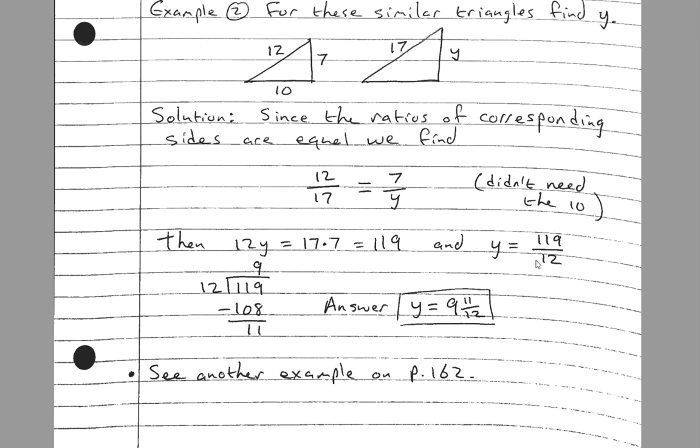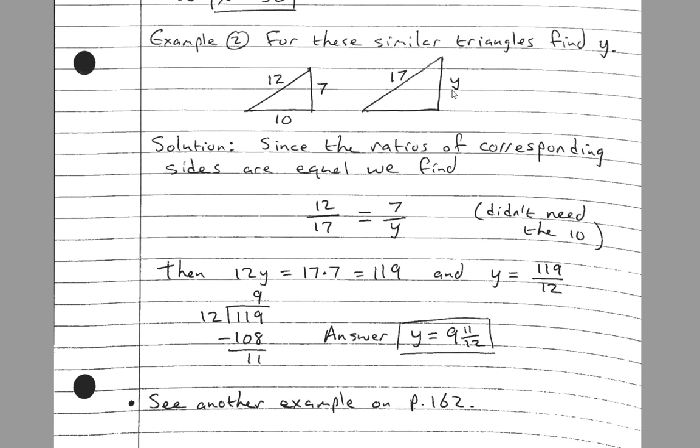So it usually makes sense to convert these improper fractions to mixed numbers to get to see how big they are. This is 9 and 11 twelfths. We're certainly expecting a number bigger than 7, since this triangle is bigger. 9 and 11 twelfths, close to 10. Looks good.